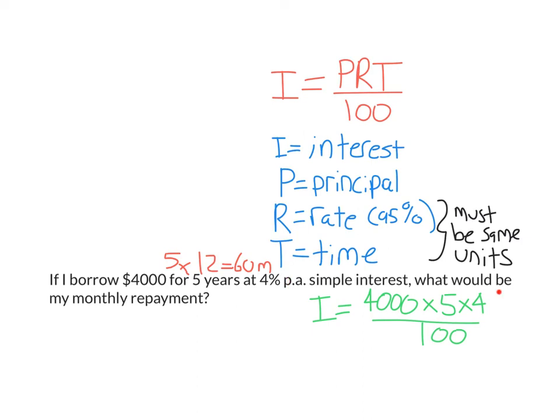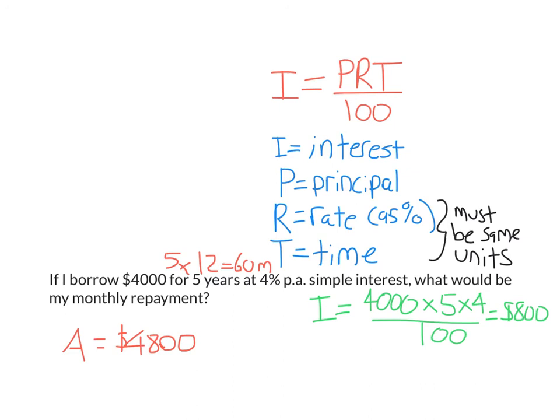So if I put that in my calculator, I should get $800. So I would have to pay back in interest $800. So that means the total amount that I need to pay back is $4,800. Because I need to pay back the principal plus the interest, $4,800.